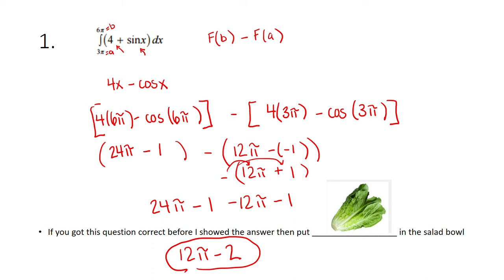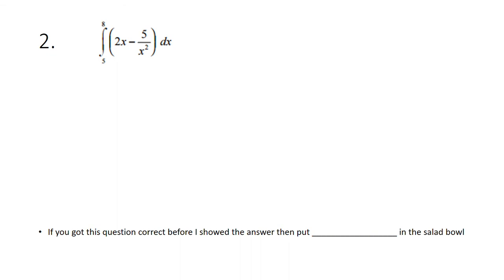Okay, next question. Number 2. We have another definite integral, so we're going to follow the rule of the fundamental theorem of calculus, which is this. So the first thing we have to do is find the integral of 2x. So if we do the reverse power rule, we're going to get x squared.